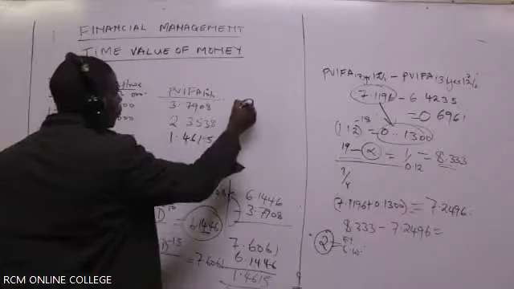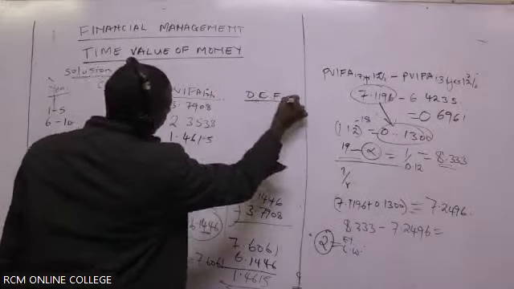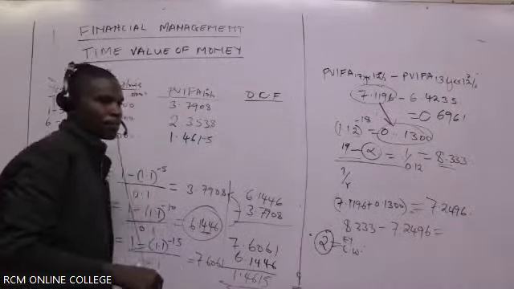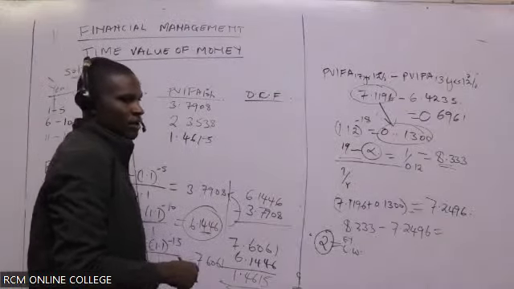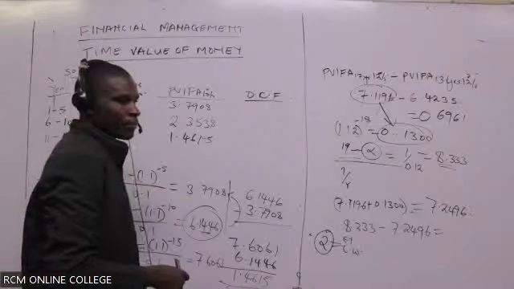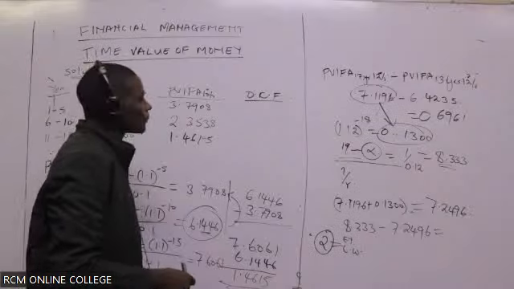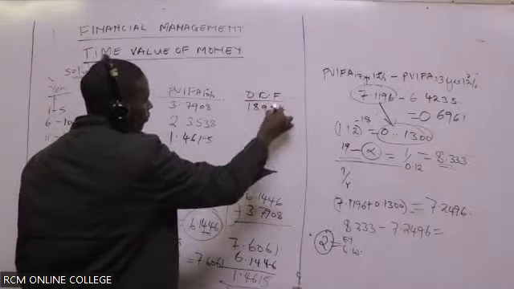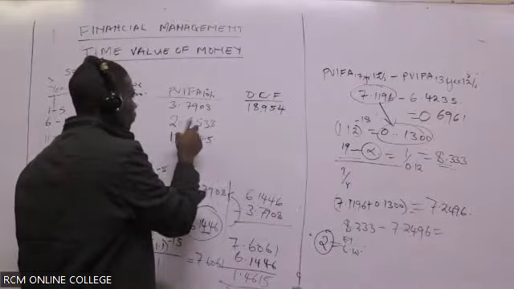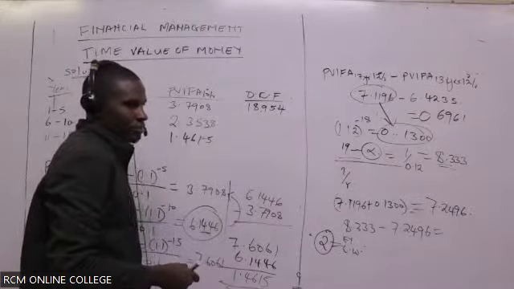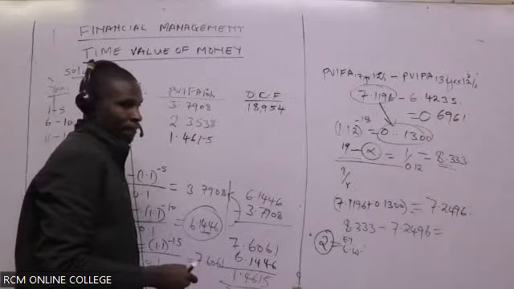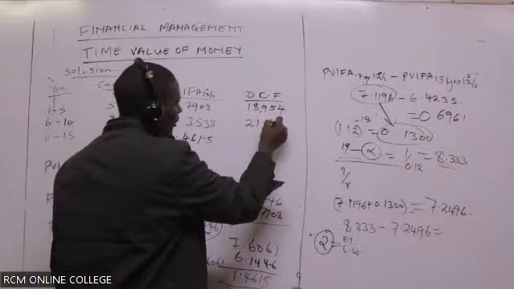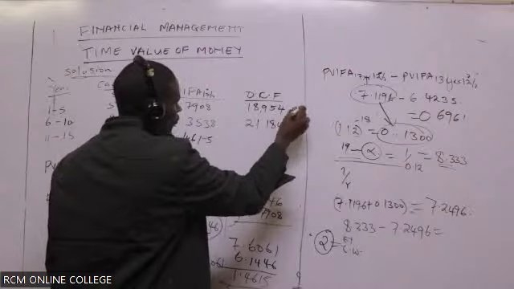So discounted cash flow: year one, this will be 5,000 times this. What do you get? 18,954. Then 9,000 times 2.3538 gives 21,184.2.